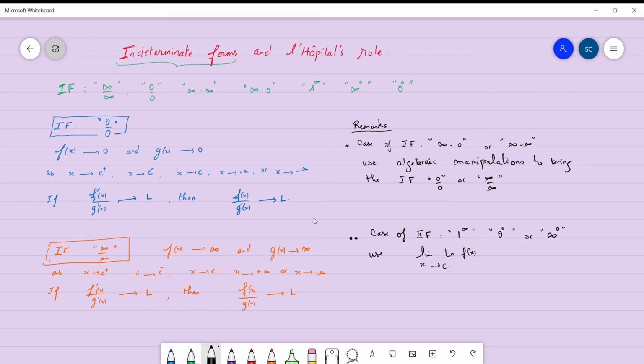Then deduce the limit of f of x as the limit of the exponential of ln of f of x. This is the idea.